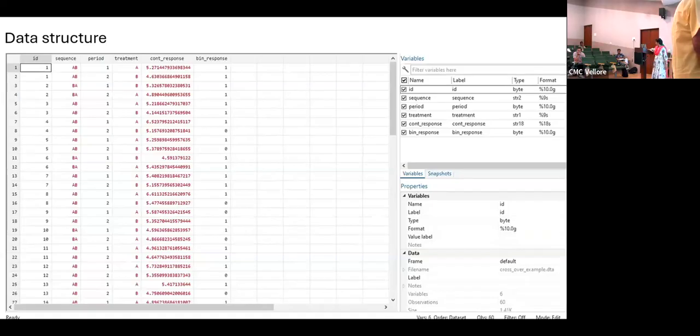At time T1, you're measuring the response to A, and then at T2, you're going to get the response to B. So in period 1, the response for this number 1 is A, and this is B because he's AB. Somebody else is BA. This is the response at B, and this is the response at A.